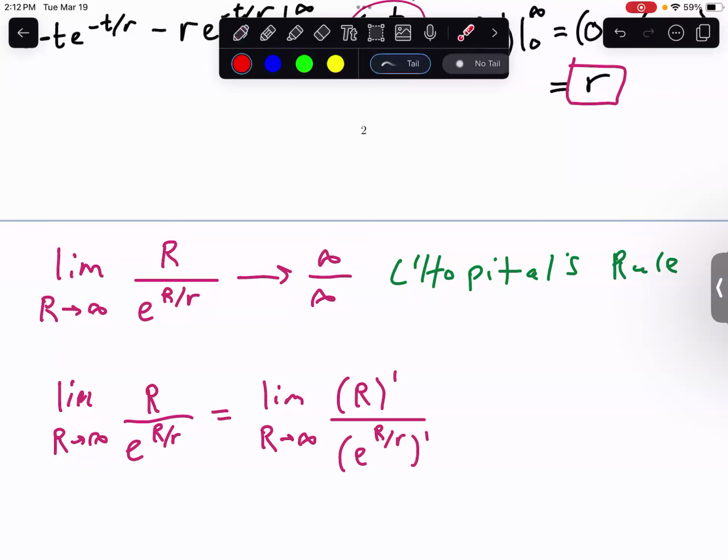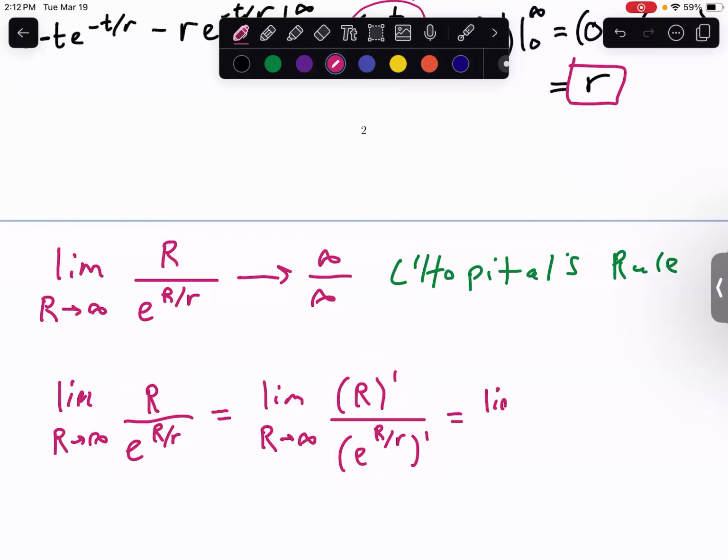I'm just taking the derivative of the numerator and then the derivative of the denominator, not using the quotient rule, just doing it numerator, denominator. This will give us an easier limit to compute. The derivative of the numerator is just going to be equal to 1.